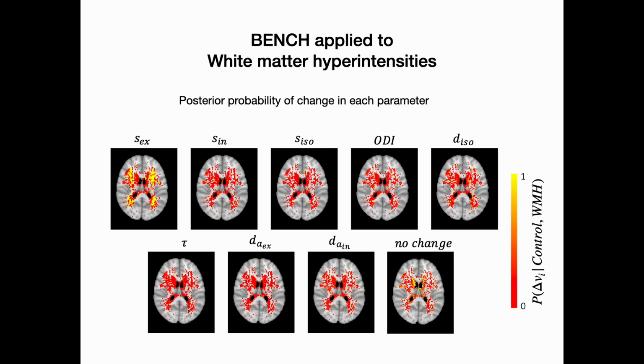The maps are normalized so that the probabilities across parameters sum to 1 per voxel. In this example, changes in extra-axonal signal fraction show the highest probability in many of the voxels, while most other parameter maps remain flat, meaning that they are not explaining the contrast well.